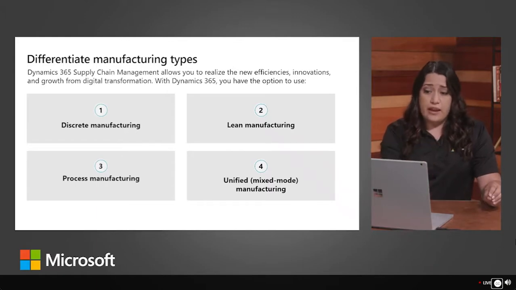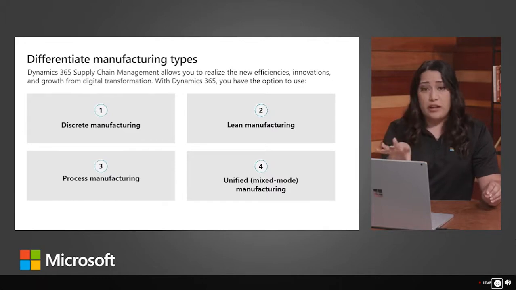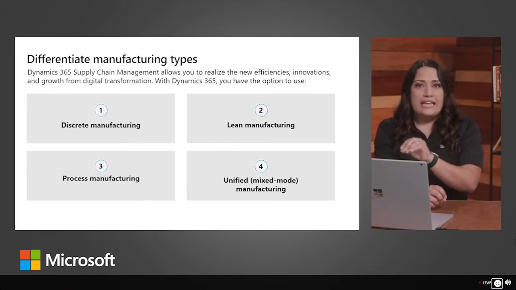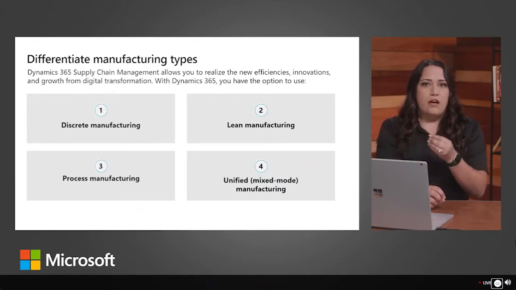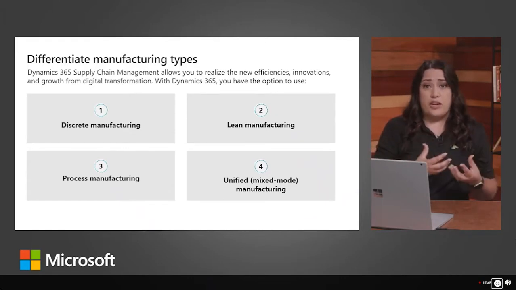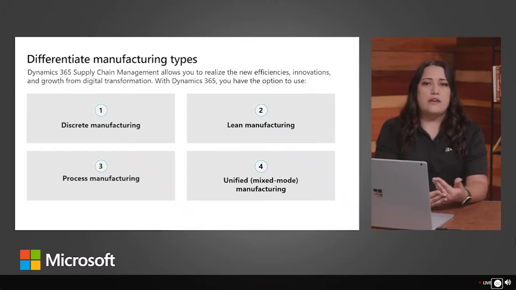But let's go ahead and loop back and talk about lean manufacturing. Lean manufacturing was developed by the Toyota Motor Company, and it was called the Toyota Production System. And the word lean here is used in the sense of thin, basically meaning that you have no waste, or you're taking out the elements in the production process that aren't adding value to the overall finished product.